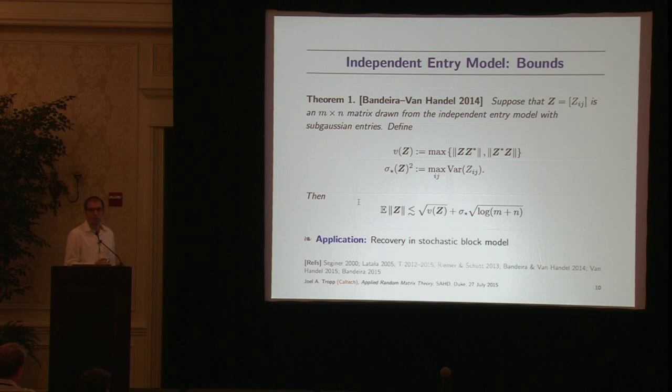Now, this model is somewhat harder to study because it doesn't have as much structure. But there's a beautiful theorem from last year by Afonso Bandeira and Ramon van Handel that achieves an essentially sharp bound for this class of random matrices. One thing I'd like to emphasize is that when I talk about random matrices today, I'm only going to be telling you about the expected spectral norm of the random matrix.